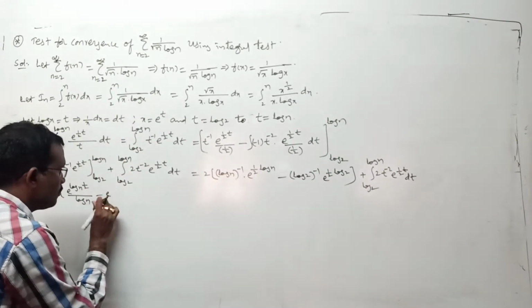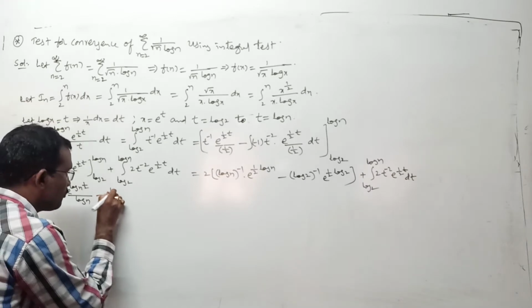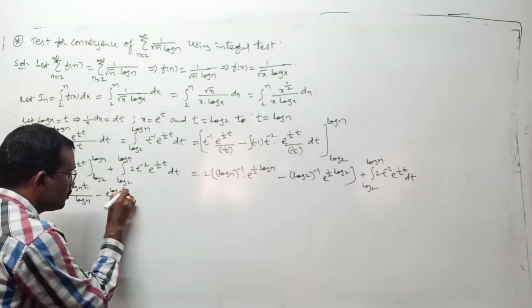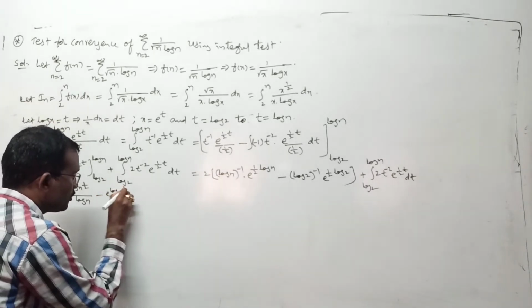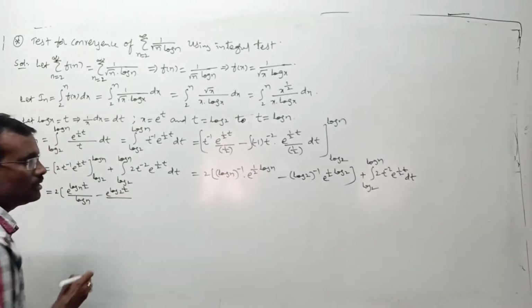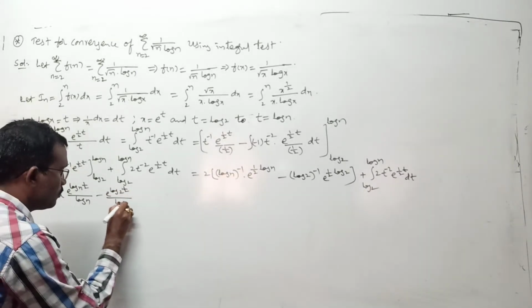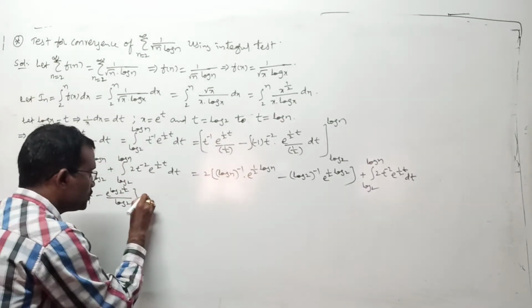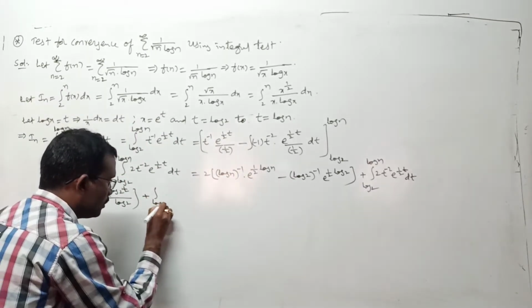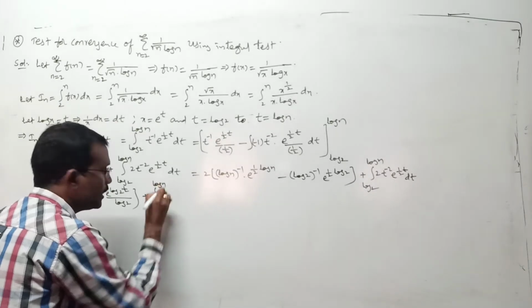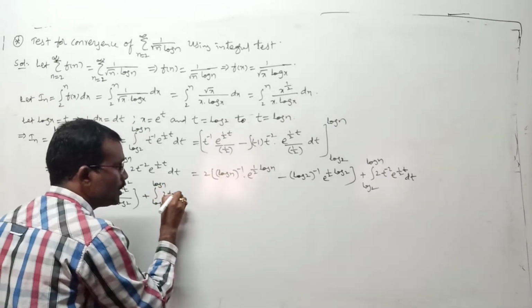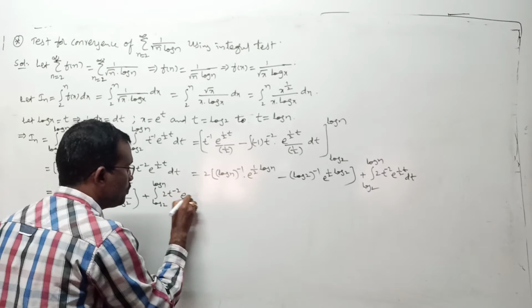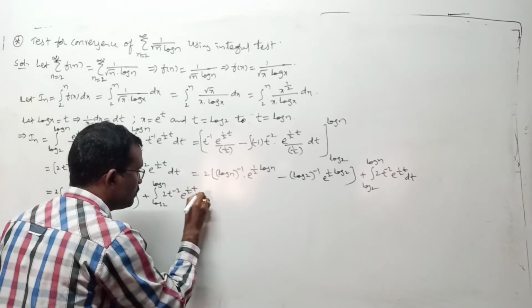E power log 2 to the power of 1 by 2, or not? 2 to the power of 1 by 2 whole by log 2. This is this portion and that integral as it is, right? Integral log 2 to log n 2 into t power minus 2 e power 1 by 2 t dt.